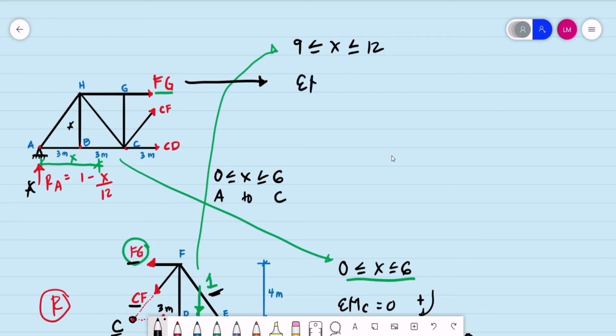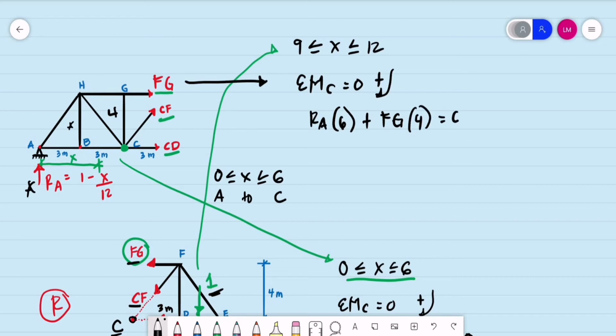We may do summation of moments at point C equal to 0, assuming clockwise moments to be positive. Just to eliminate these unknowns, CF and CD, we are doing the summation of moments about point C. So that is R sub A, the reaction at A, times 6, plus the axial force for member FG multiplied by the height of this post, which is 4, equal to 0.